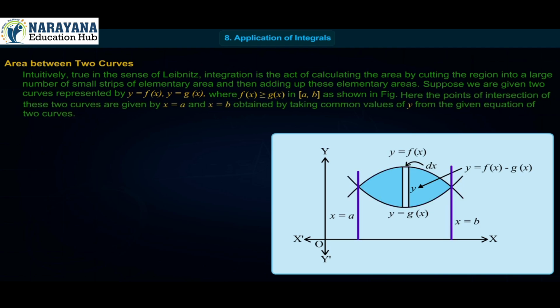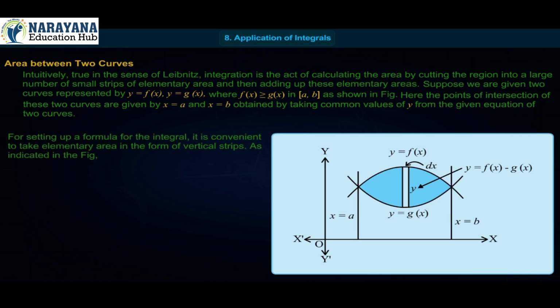Here, the points of intersection of these two curves are given by x is equal to a and x is equal to b, obtained by taking common values of y from the given equations of the two curves. For setting up a formula for the integral, it is convenient to take elementary area in the form of vertical strips.